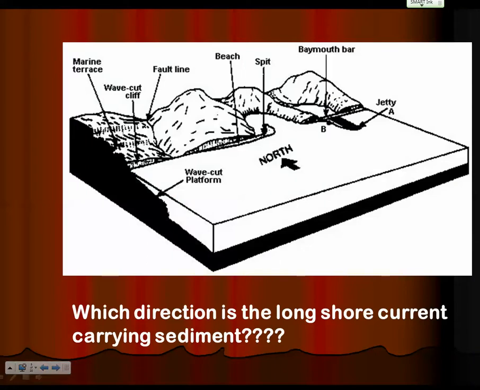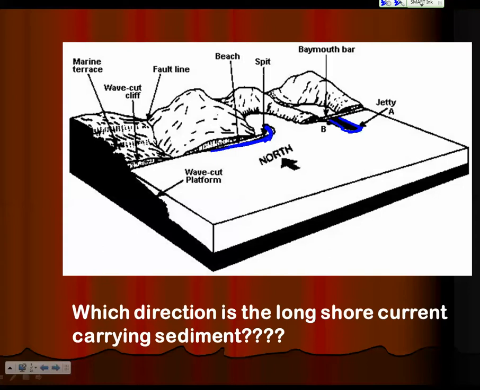Okay, this question here says, which direction is the longshore current carrying sediment? And if you look at some of the features in this picture, you'll see here there is a spit and there's a jetty here with some sand piling up around this back side like this. So I think the thing that gives it away the most is the spit, because it's going to be carrying the sand in this direction, and that sand is getting wrapped around.